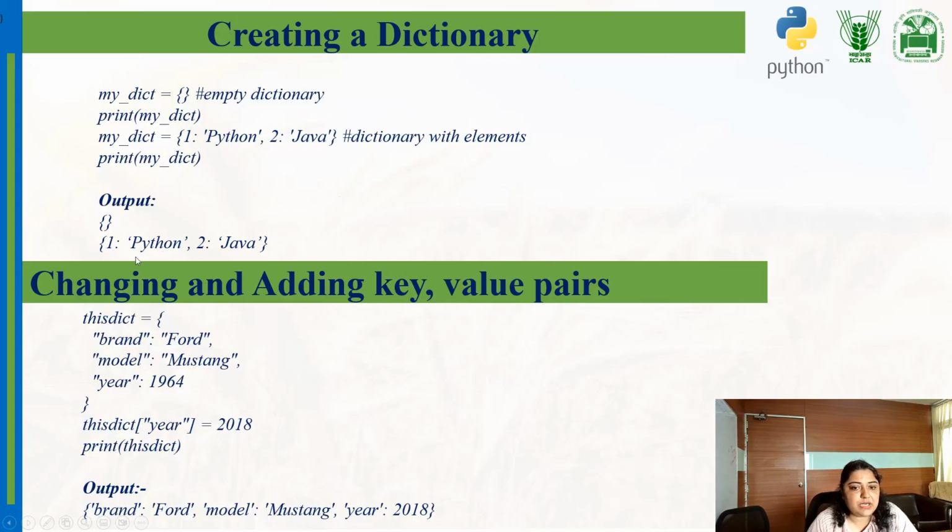Then for changing or adding a key value pair, we are having it like this. This dict equals brand Ford, model Mustang, year 1964. If you want to change the value of any key, then you can change it like this. This dict year equals 2018. Then it will print the value 2018 like this.